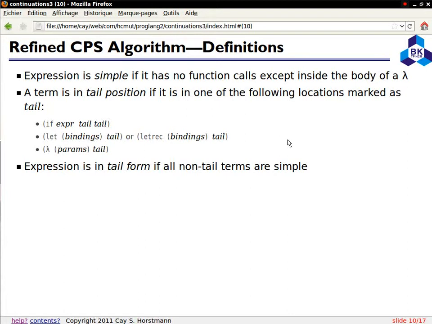Just for here, we're calling an expression simple if it has no function calls except inside the body of a lambda. So you have some big old expression, and if it started out with f of 3, or maybe it has like if f of 3 and then something else, then it would not be simple because there's a function call here that is not inside the lambda.